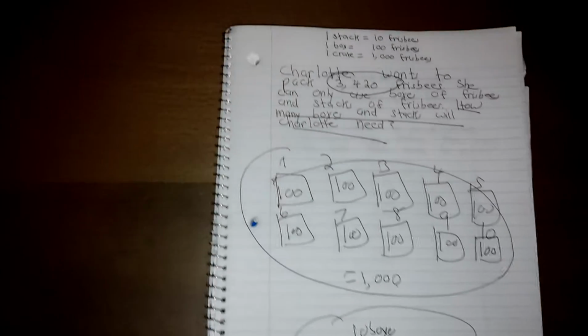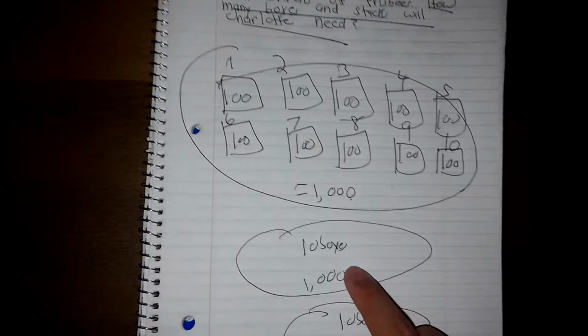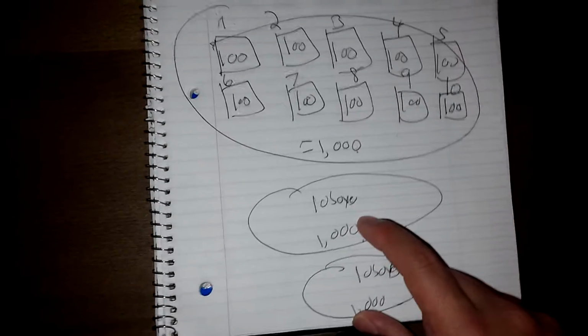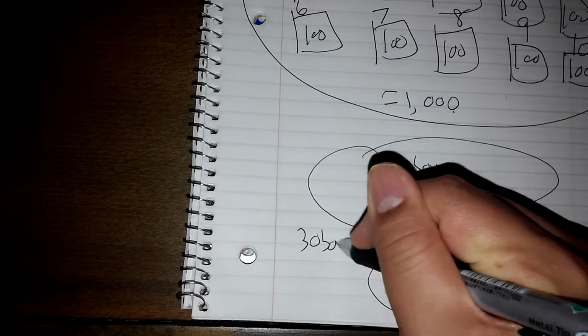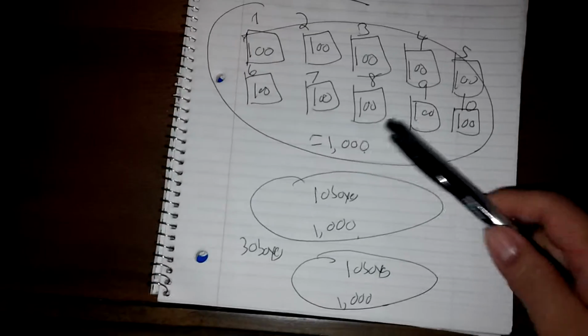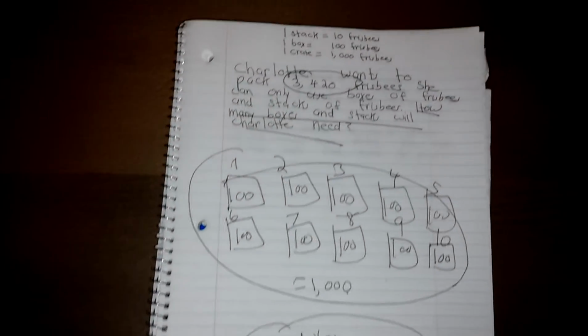So let's count how many boxes we have. I have 10 up here. Another 10 would be 20. Another 10 would be 30. So far, I have a total of 30 boxes. That gives me 1,000 Frisbees, 2,000 Frisbees, 3,000 Frisbees.